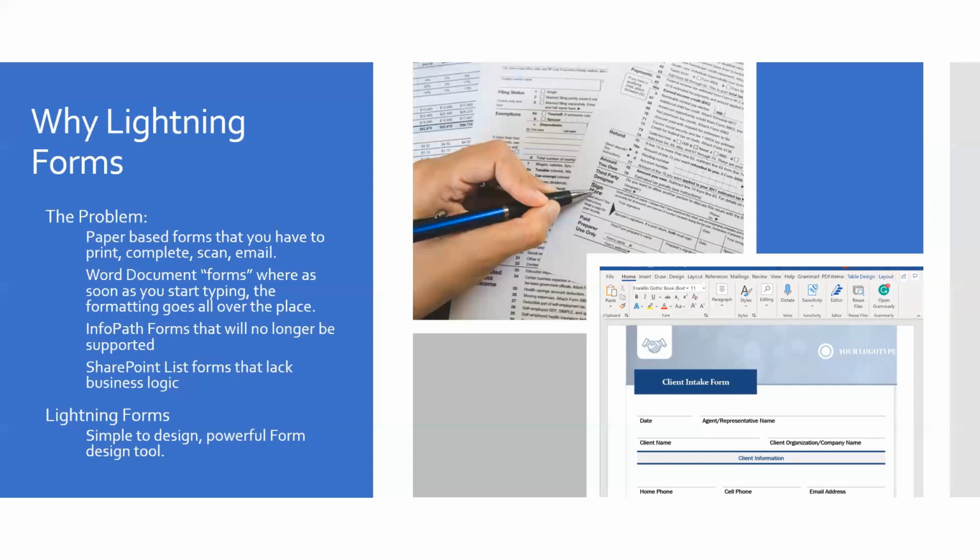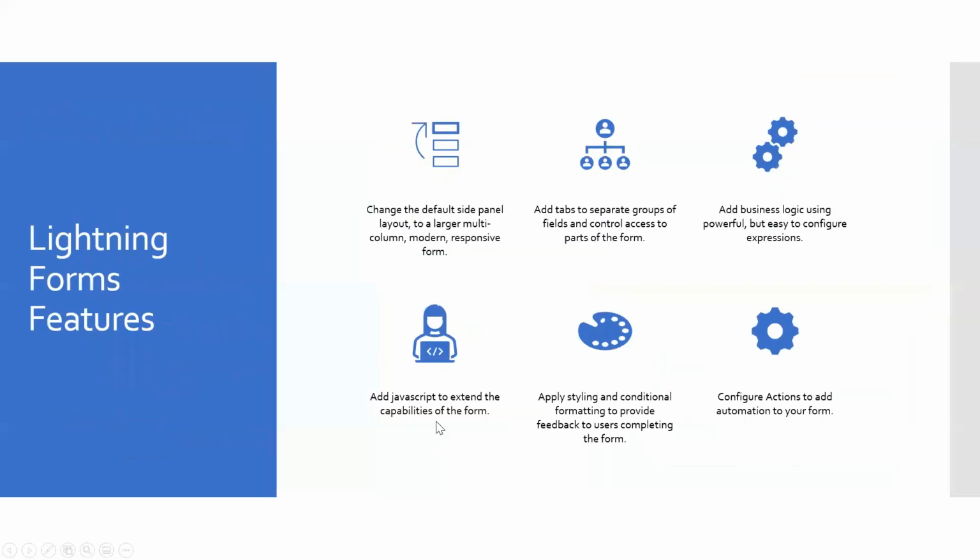If you're using SharePoint 2016 as well, of course, you'll have classic SharePoint lists and classic SharePoint list forms. We do have a classic version of Lightning Forms, which is actually going to offer all of the same features that you'll see today, but it's all sort of ribbon driven and so on. It looks a bit different to what you're going to see, but feature wise, it'll be identical. And if you need any form of demonstration of that, we can certainly arrange that after today.